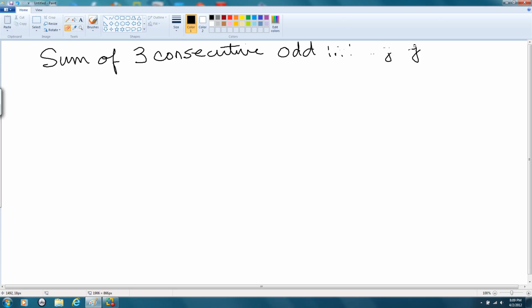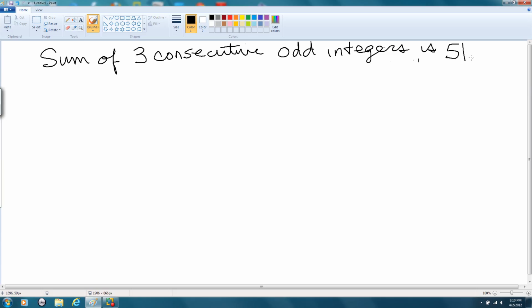So the sum of 3 consecutive odd integers is, and usually I go off to the side and I think of these things, and so I'm going to do that right now. And I get, I'm not telling you though, 51.